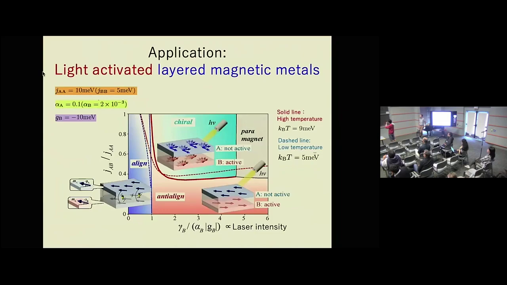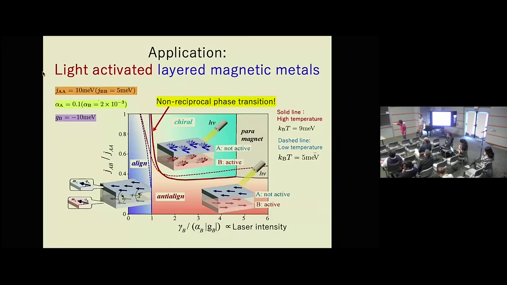This phase diagram is based on some phenomenological equation, where there is some artifact involved in the mean field approximation, but that aside, this is a phase diagram. This is the interlayer coupling, this is the laser intensity, and something interesting starts to go on when this decay rate becomes comparable.